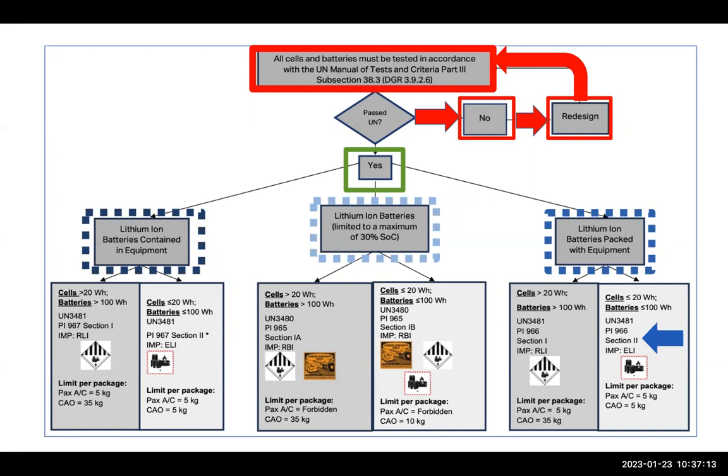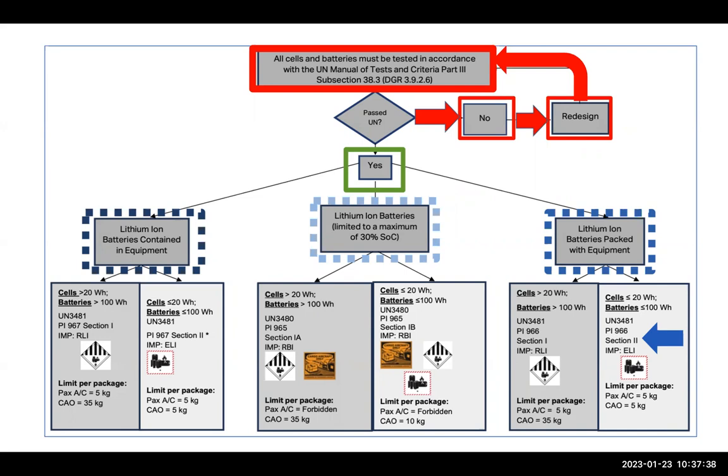For section 1, the cells have watt-hour rating greater than 20 watt-hour rating, and the batteries have watt-hour rating greater than 100 watt-hour rating. The packing instruction is 966. The IMP code is Romeo, Lima, India.